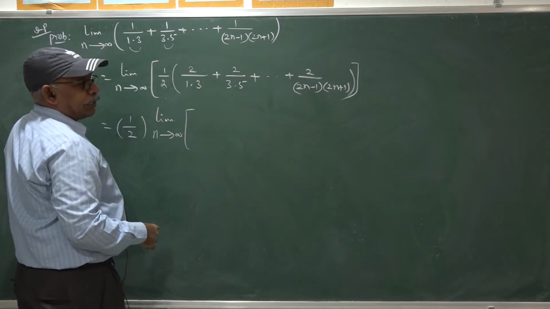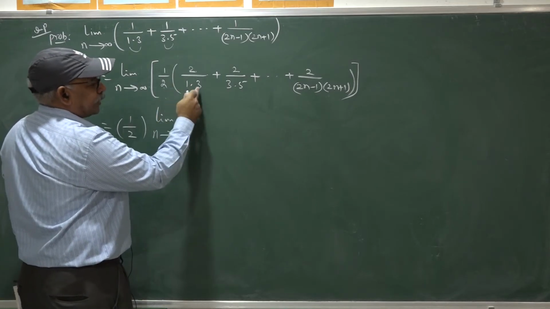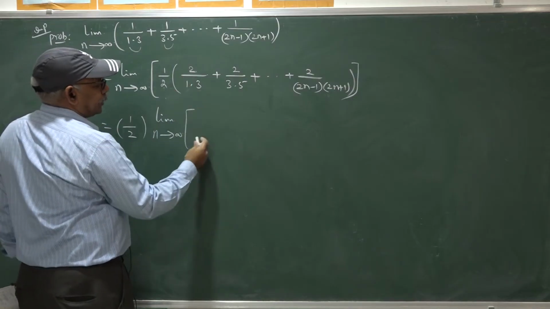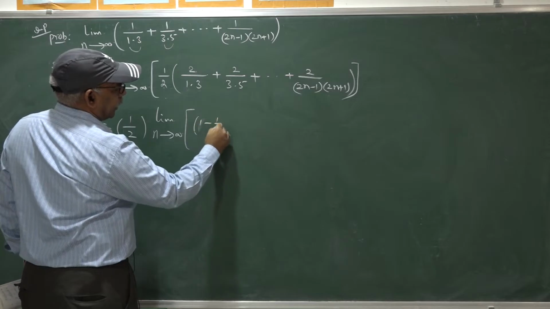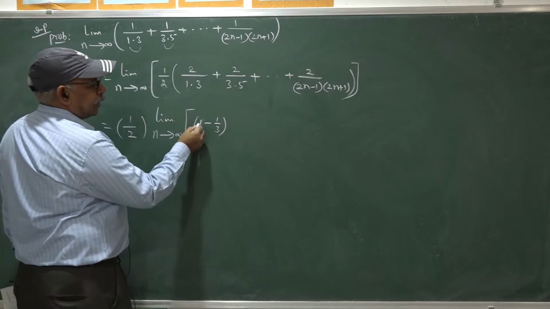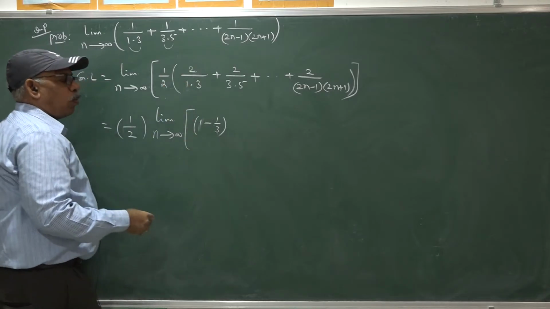Here 1 into 3, this is one factor, this is another factor. So, 2 by 1 into 3 is 1 minus 1 by 3. On simplification, we get 3 minus 1, 2, which is 2 by 1 into 3.